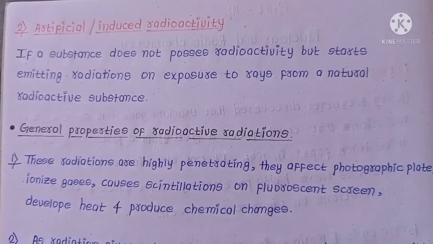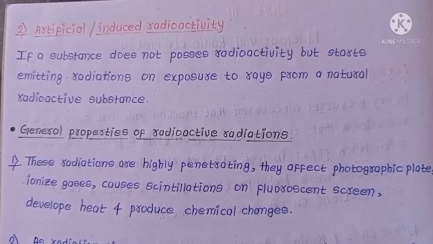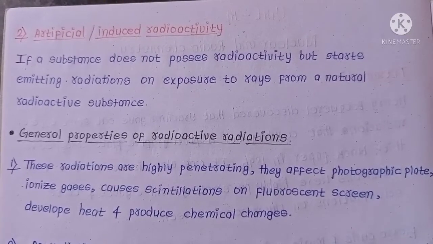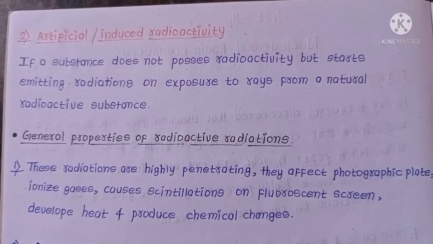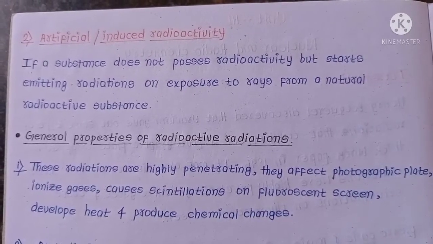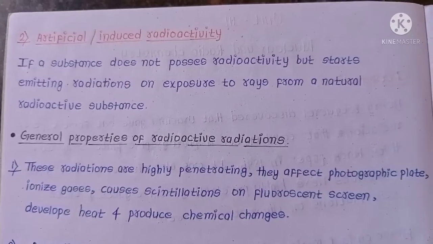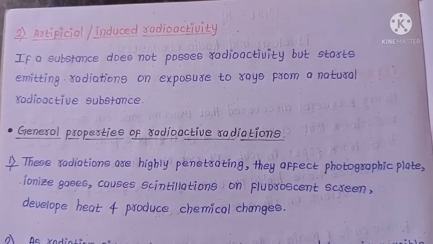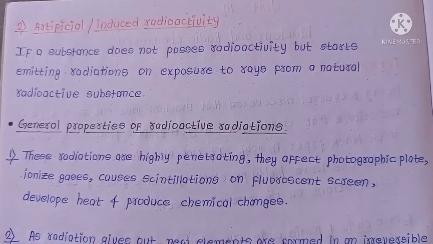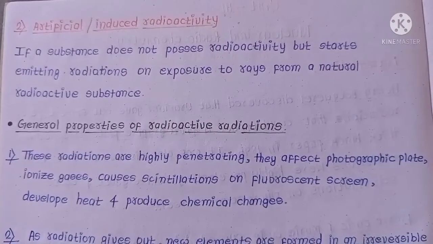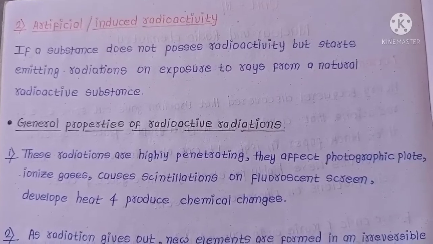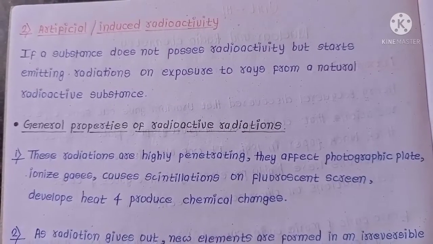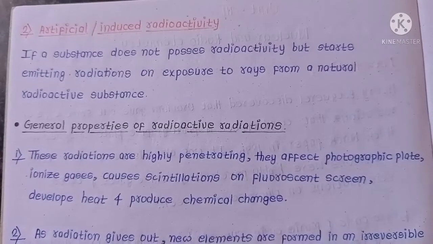If a substance does not possess radioactivity but starts to emit radiation on exposure to rays from a natural radioactive substance, then we call such a process artificial or induced radioactivity. That means if a substance is not able to emit radiation continuously, but on exposure to radiation from a natural substance it starts to emit radiation continuously, this phenomenon is called induced radioactivity.